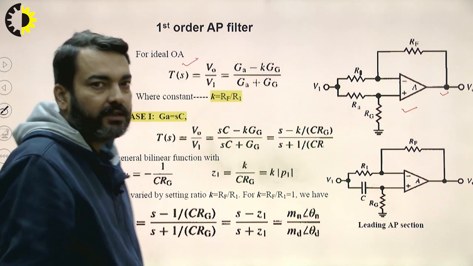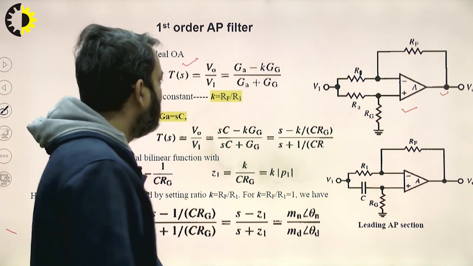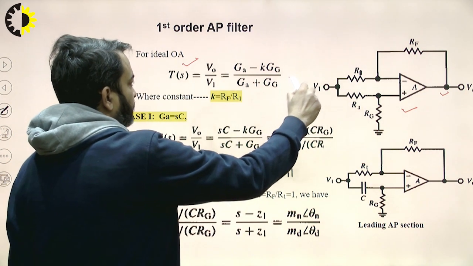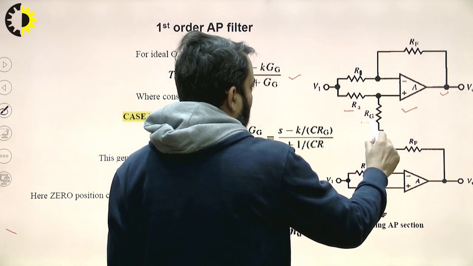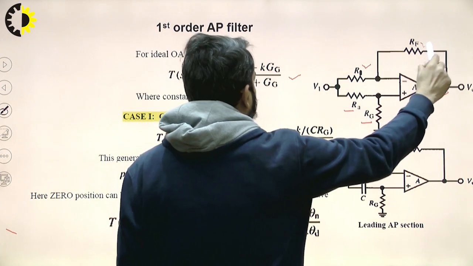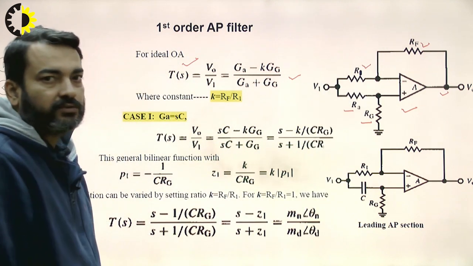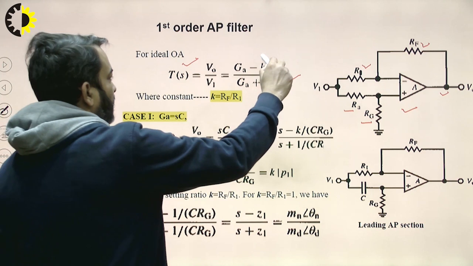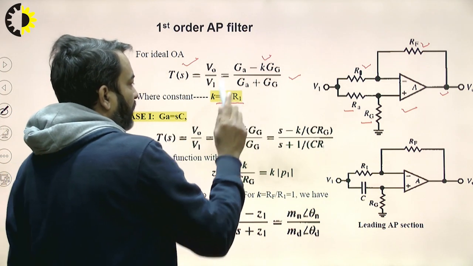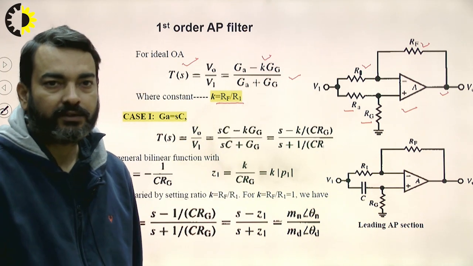Under the ideal condition of op-amp, we will get this much. This is resistor Ra, this is resistor Rg, this is R1, this is Rf. Here we have defined a factor K. This K is nothing but the ratio of Rf by R1.